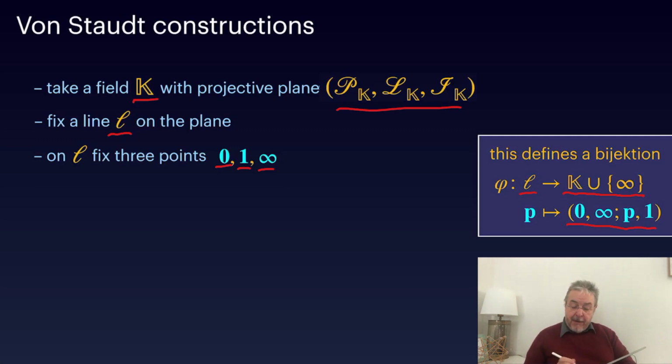So whenever we take a point on that line, we can calculate the cross ratio. These are again field calculations, and we get a number, and this is a bijection. This is a bijection we get through that projective scale.